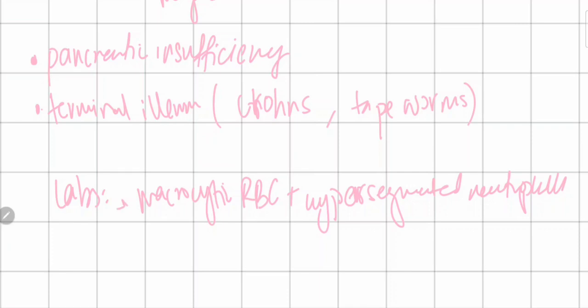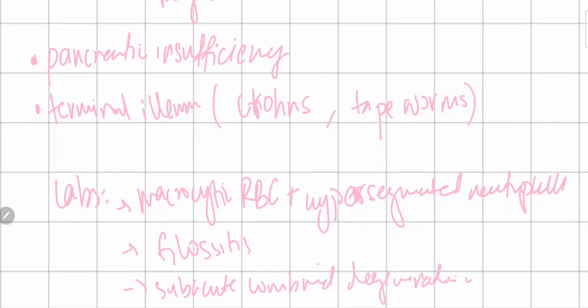Then we have glossitis, again due to vitamin B12 and folate deficiency. Both have the glossitis. And then also subacute combined degeneration of the spinal cord.